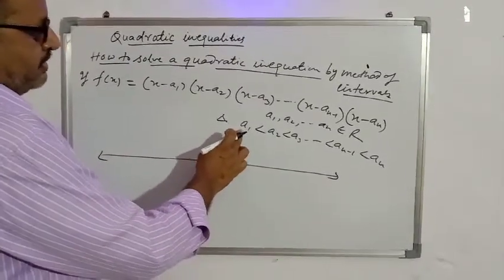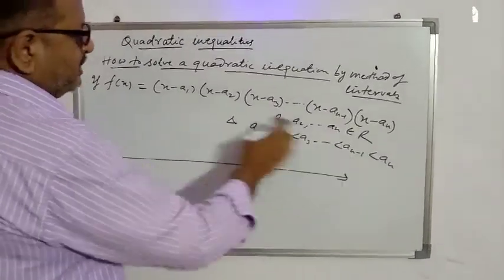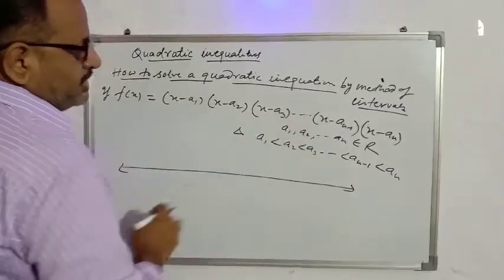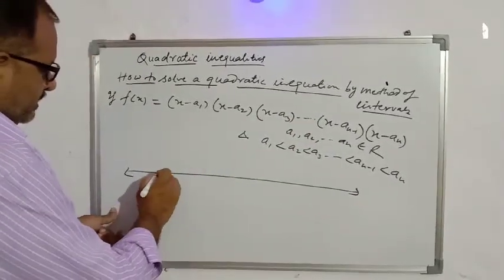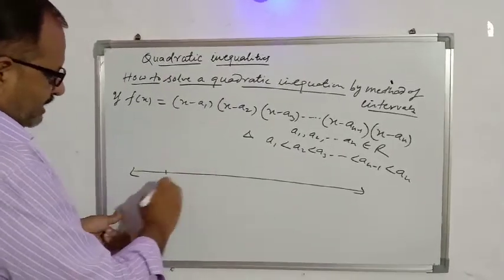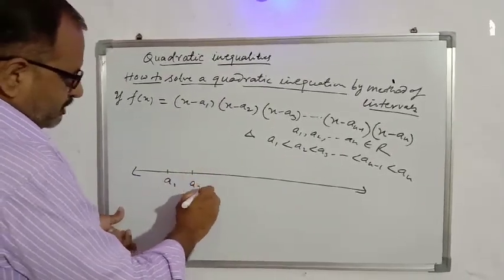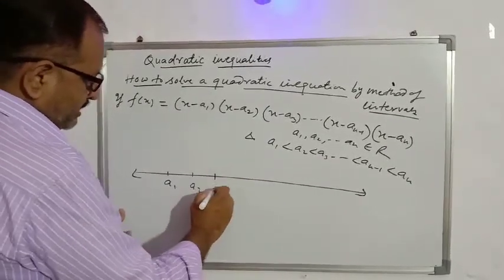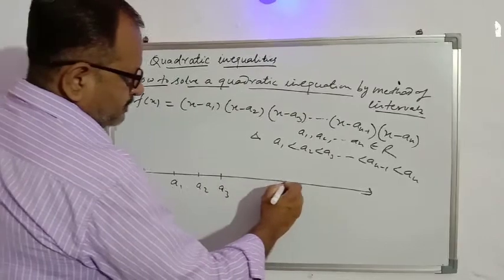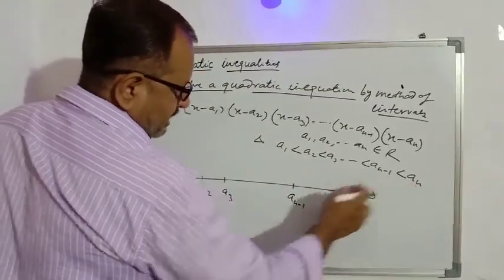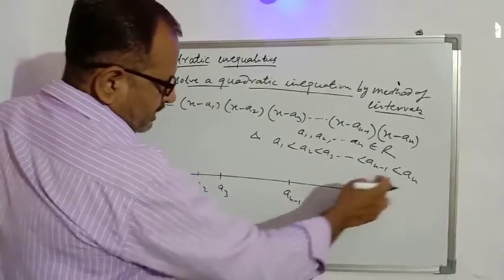So at a1, a2, a3, an, product of these brackets is equal to 0, so mark here. a1 is less than a2, so a1 we have to write left side, a2 right side. a2 is less than a3, so a2 left side of a3, and so on. Suppose a(n-1) is here, a(n-1) less than an, so a(n-1) left side of an.